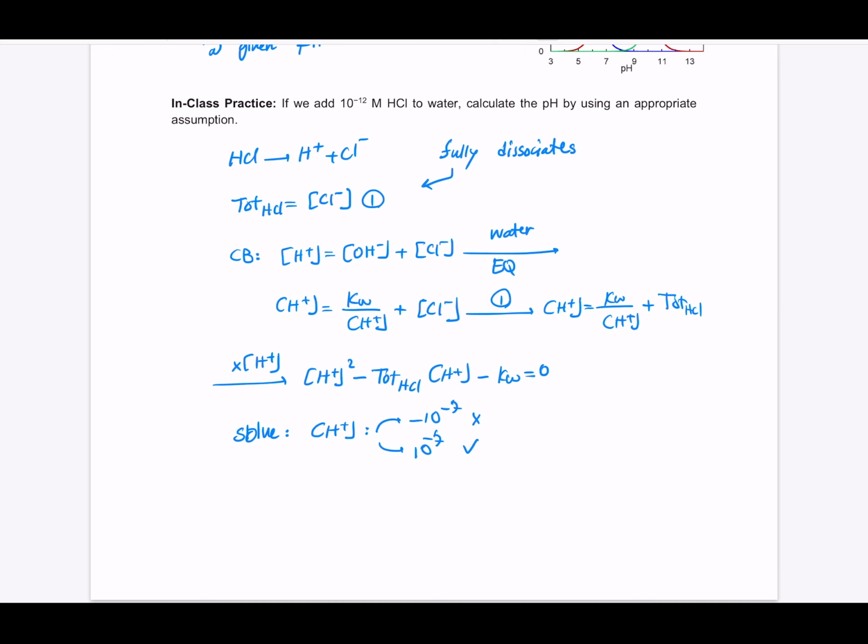This makes sense. Then pH would be 7. Any question here?